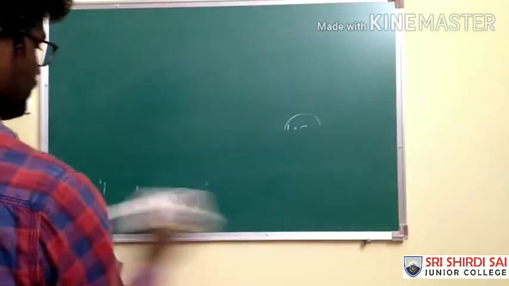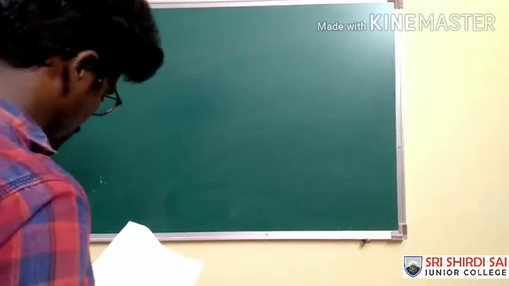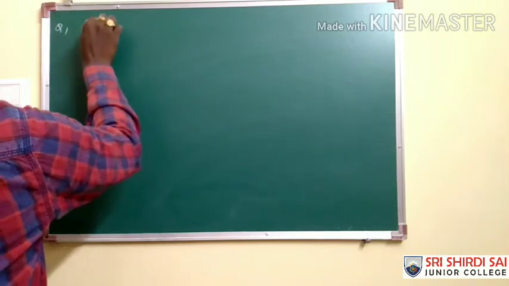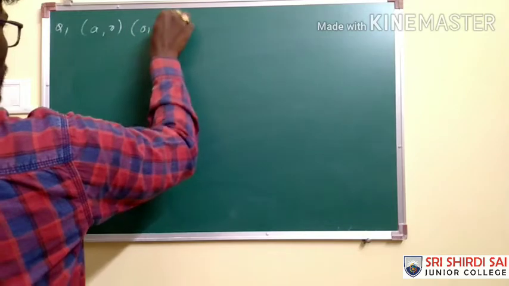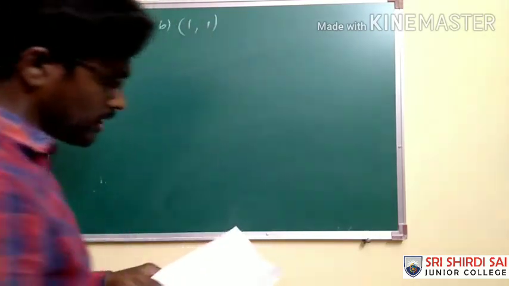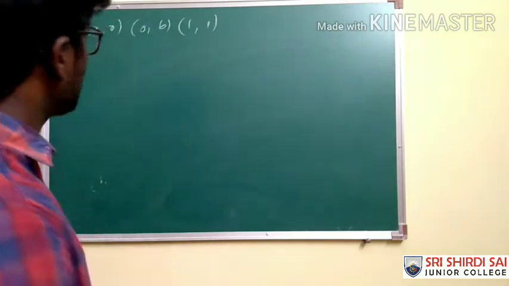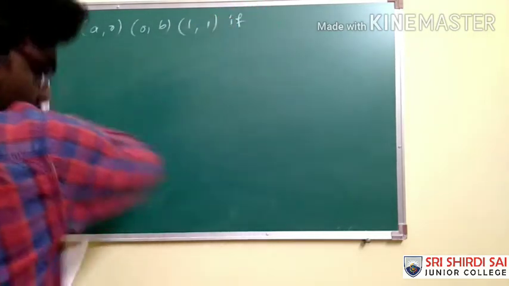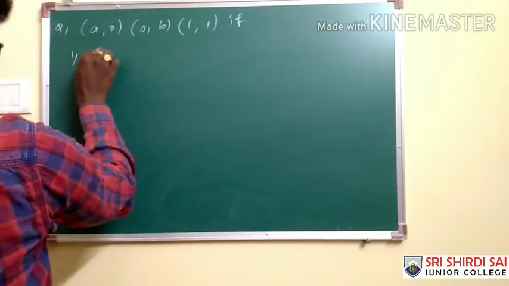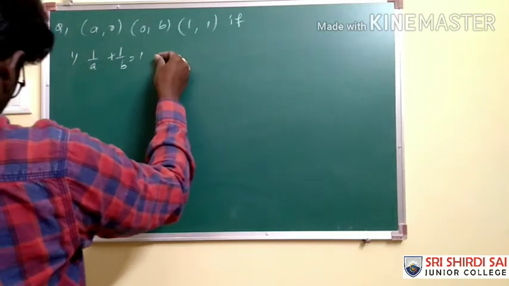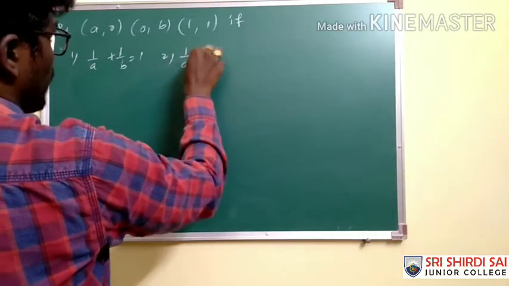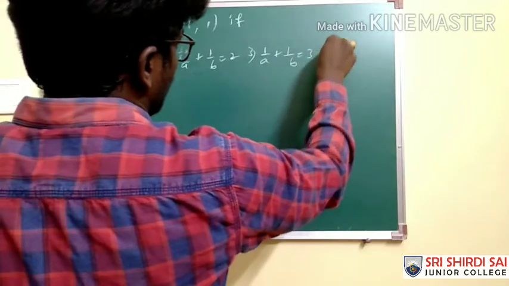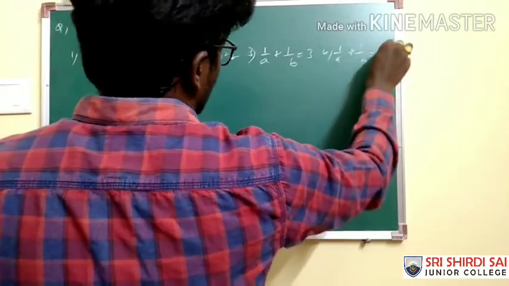Let's go to the next problem. It's a good problem. The points (a, 0), (0, b) and (1, 1) are collinear if 1 by a plus 1 by b is equal to 1, or 1 by a plus 1 by b is equal to 2, or 3, or 4.